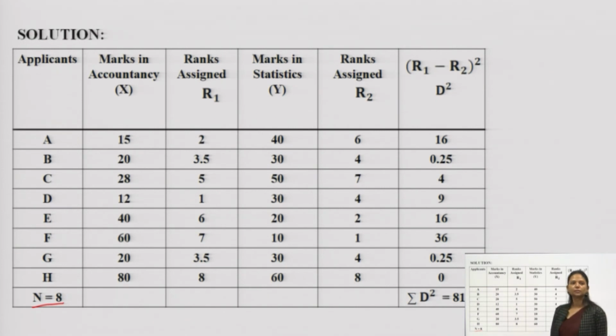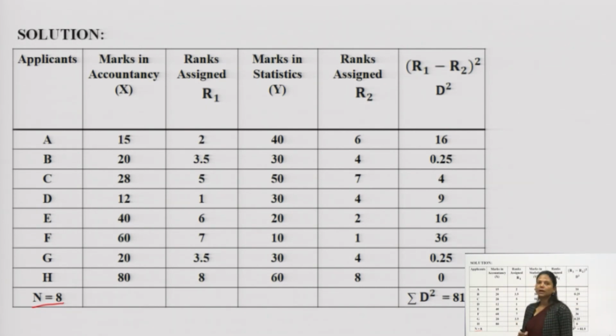Now, R1 and R2 are what I am supposed to compute. I have already told you that when ranks are not given, we are supposed to give the ranks, but the way I give ranks to the series of x should be the same for the series of y as well.